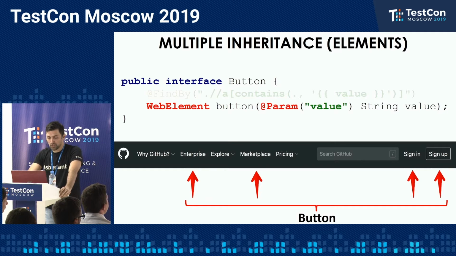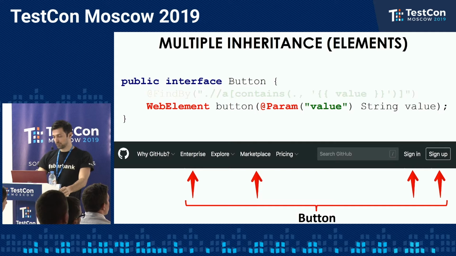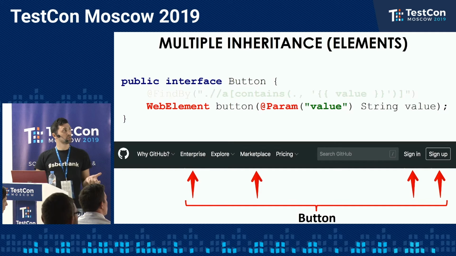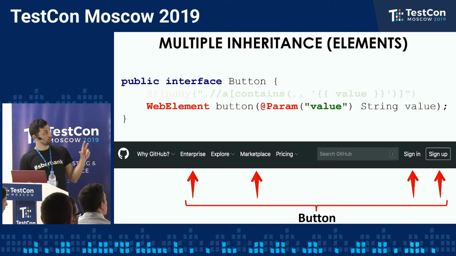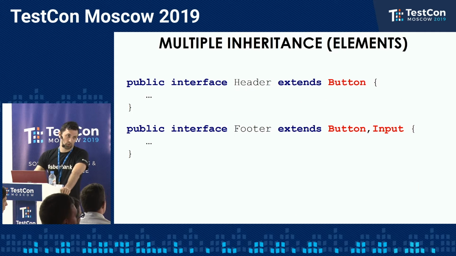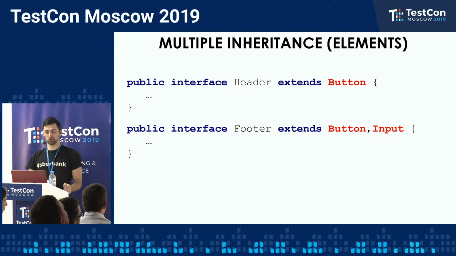With that multiple inheritance, you can also, for example, take that header layer from GitHub, and you see that it has 4 buttons, like Enterprise, Marketplace, Sign In, Sign Up, etc. What you can do is describe the button once, make it a parameterized element, and then add a button to a layer.